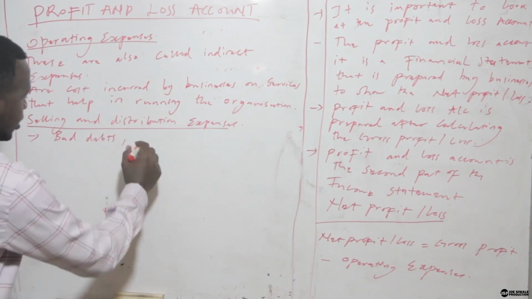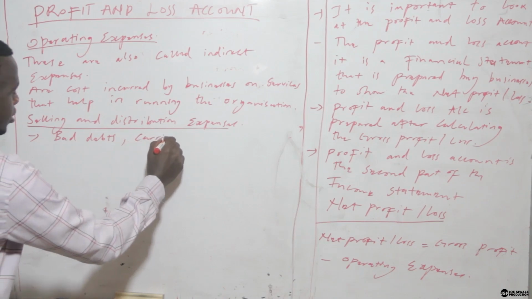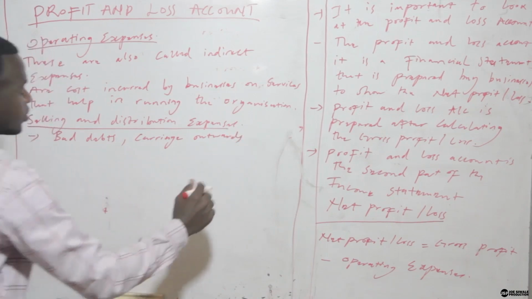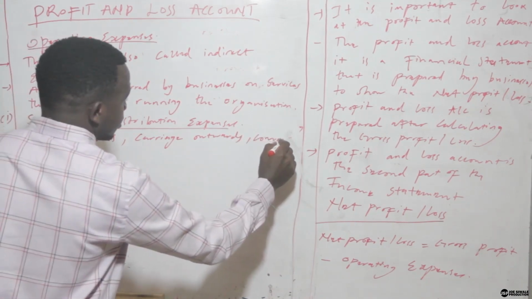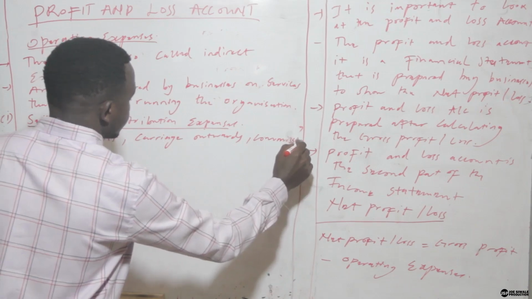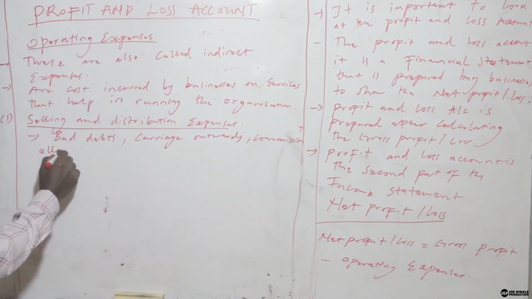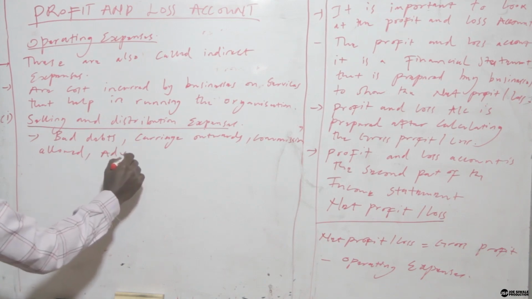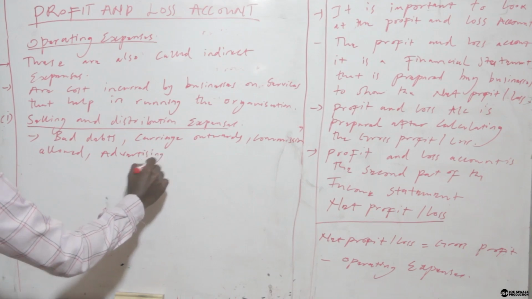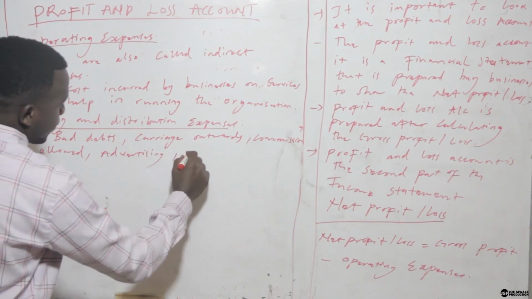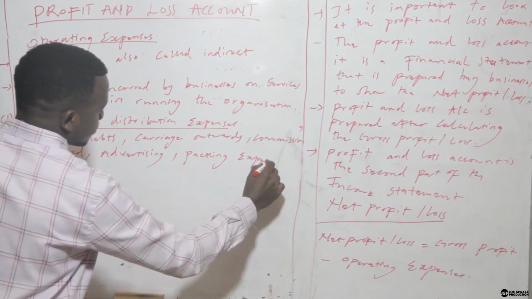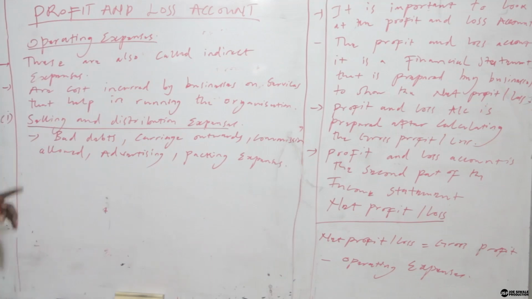We are also looking at carriage outwards, commission allowed, advertising, and packaging expenses. So these are the examples of selling and distribution expenses.